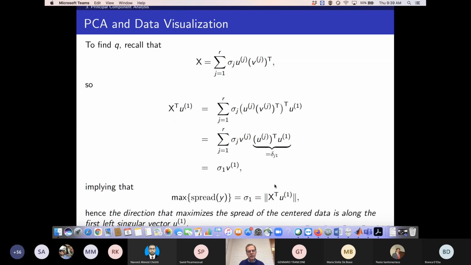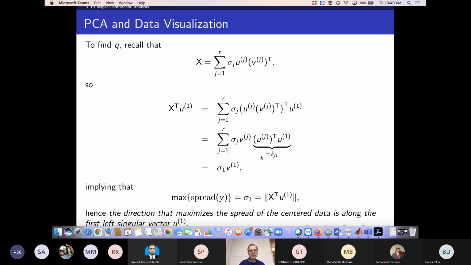So what does that mean? It means that u1, the first feature vector, is the direction in which the spread is maximized. So if you give me a data set and you want me to find the direction in which the data has the largest spread, the first singular vector, or the first feature vector, is the direction in which the spread is largest. So that's the direction in which we should look at the data.